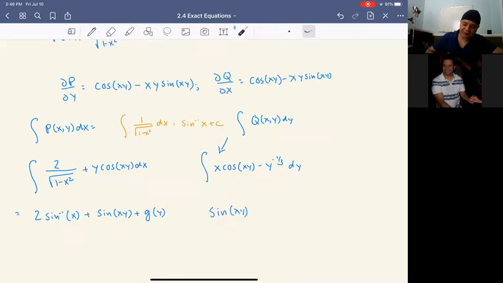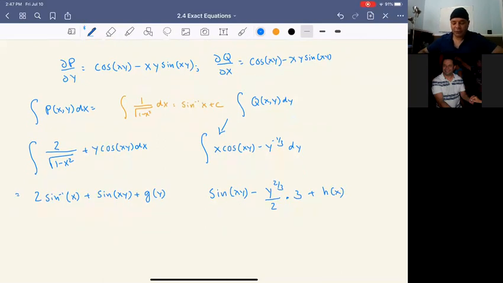Plus, now the integral of y to the negative 1/3, we add 1, so y to the 2/3 divided by 2/3. And then plus some h of x.